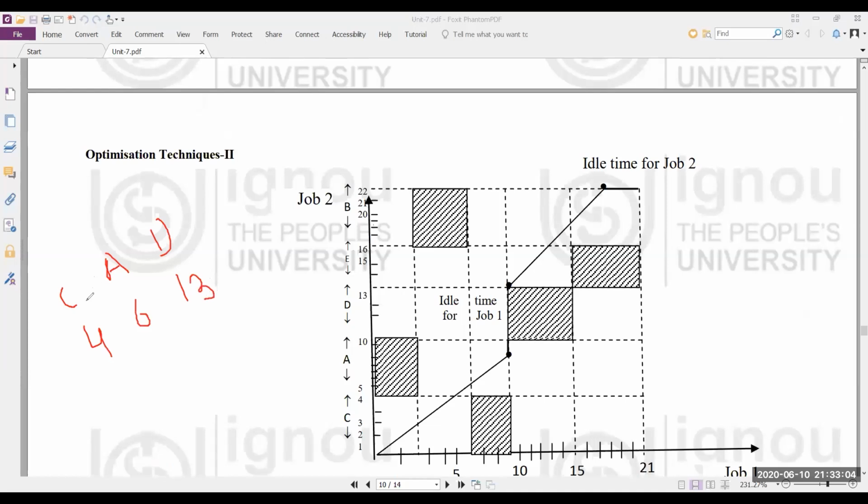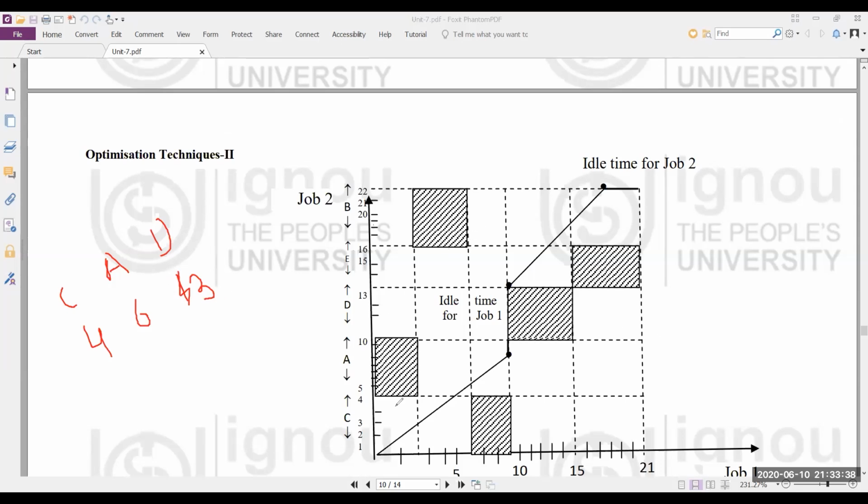So we can mention again 4 and it is due to C. So we write the C here and again we write the 6 and it becomes 10 and it is for A, and in a similar way we mention 13. We draw a straight line at 4, at 10, and again at 13, and in a similar way.